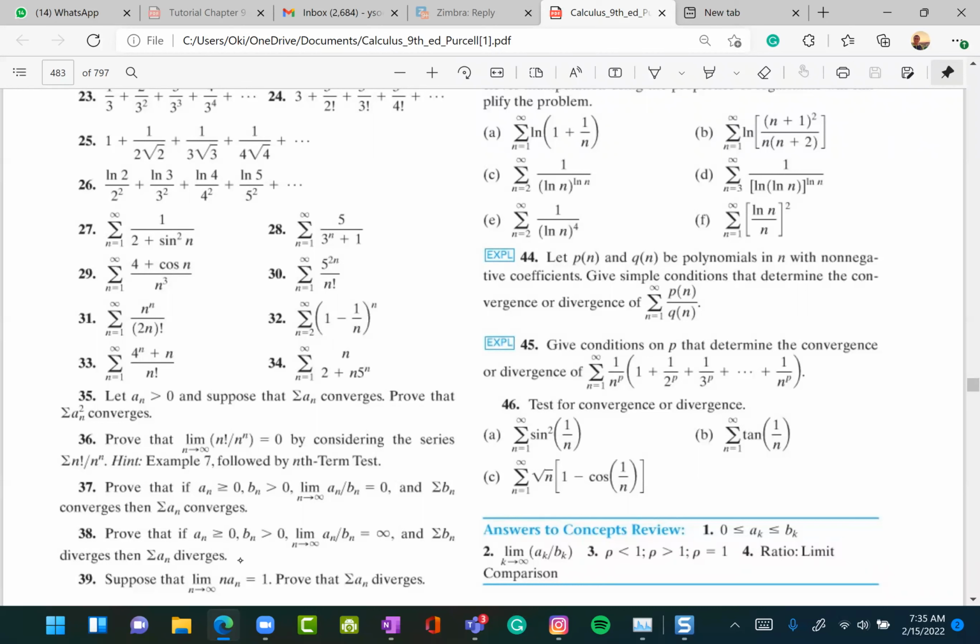Problem 30, for example. This is concrete results. Let's check this one here, 31.